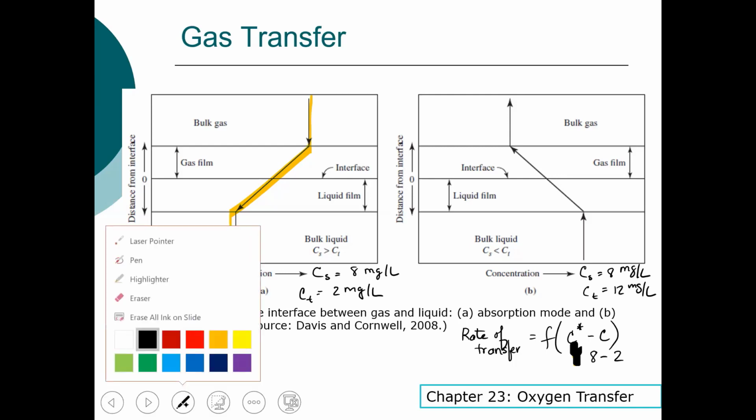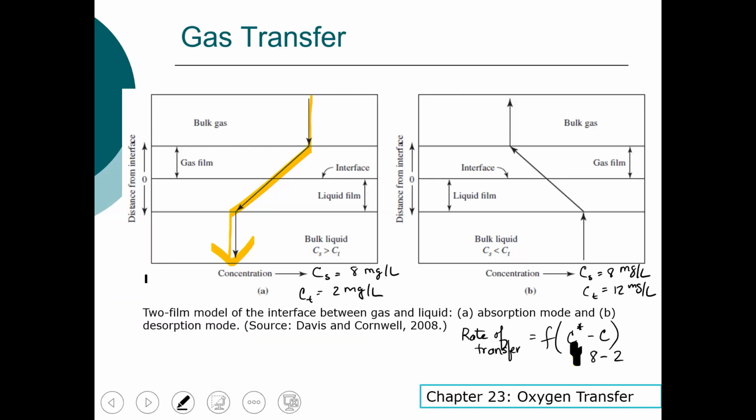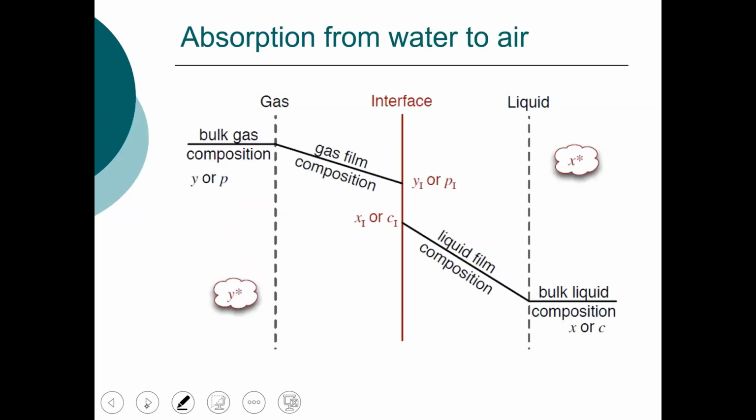Now, the direction of transfer is going to be from the liquid to the gas. We've exceeded the solubility. And this figure essentially shows us the same thing. However, what's shown here is this interface, and the concentrations at the interface.